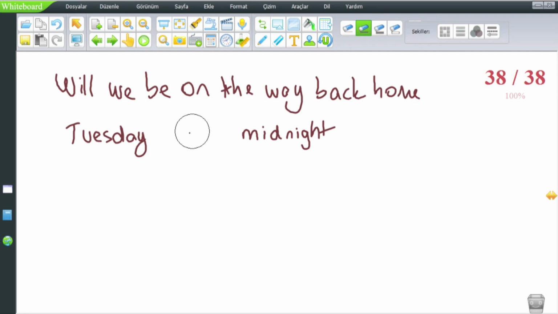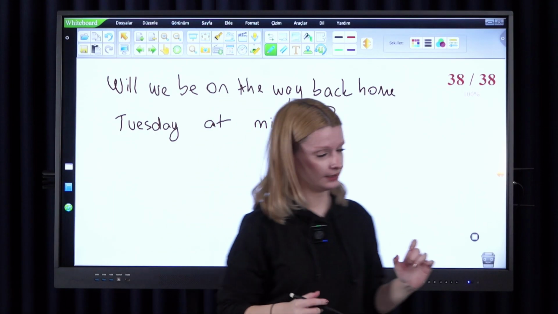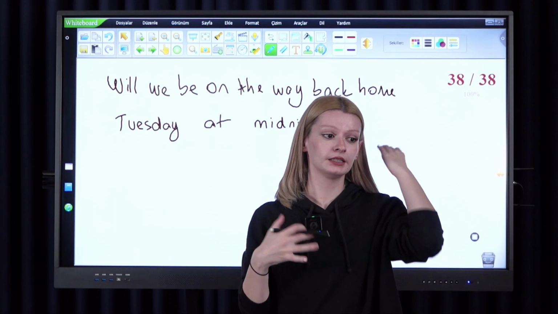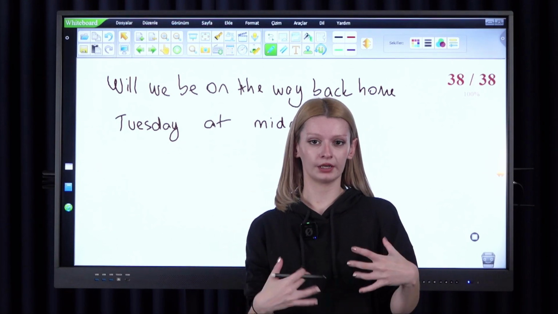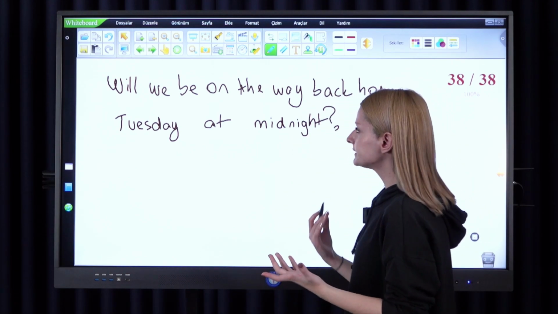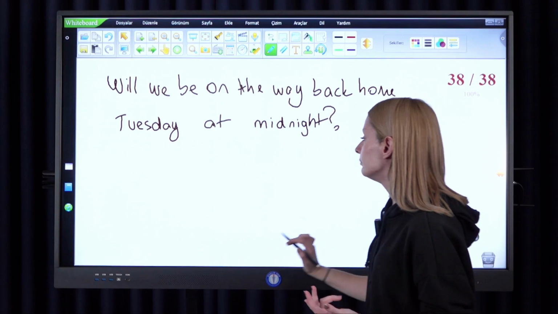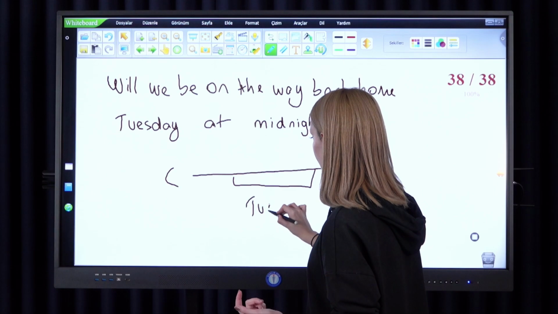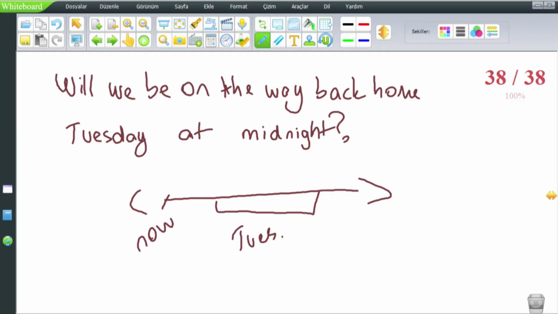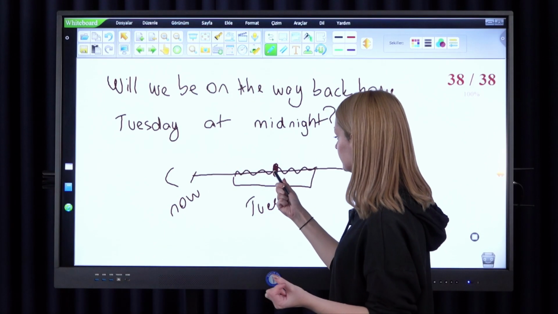Again, an example that we don't necessarily need verb-ing to give the meaning of progressive or continuous tense. So, will we be on the way back home Tuesday at midnight? I'm talking about a time. I can say this is Tuesday here, and here is midnight. But you can ask, the start is not a long action.